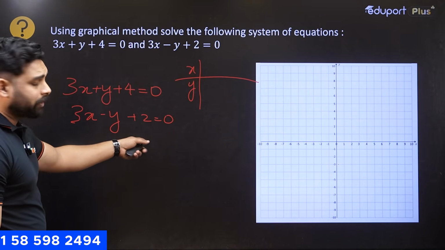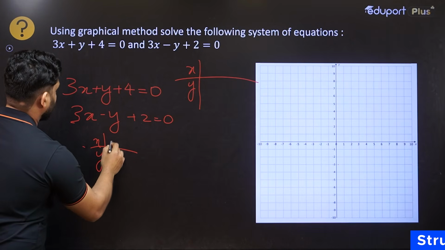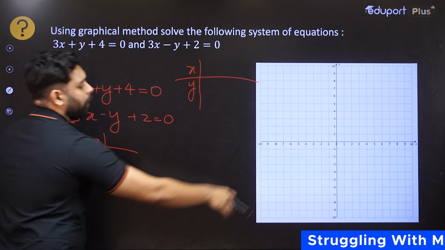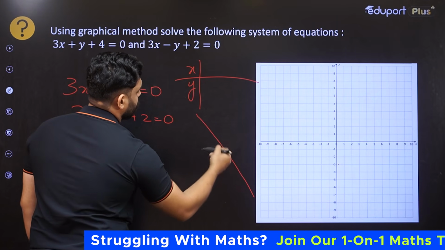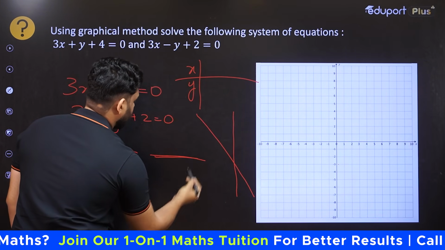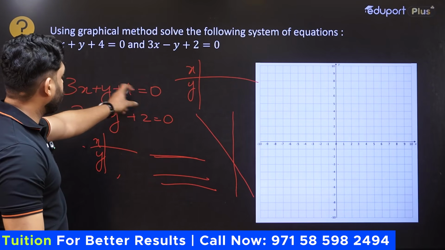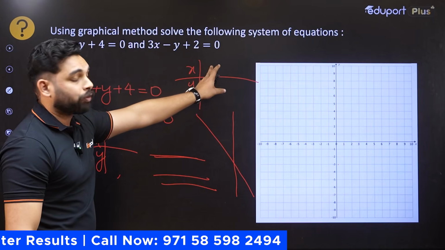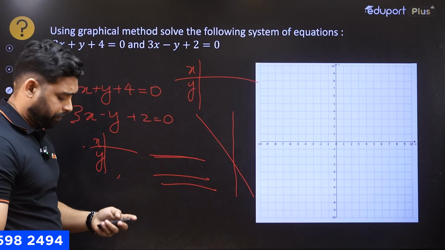Then write the second equation, find x and y, you will get 3 points, mark them on the sheet. So either you will get two lines which are intersecting, or two lines which are coinciding, or two parallel lines. Just write the equation, find the x values and y values from here and plot them on the chart. That's all.